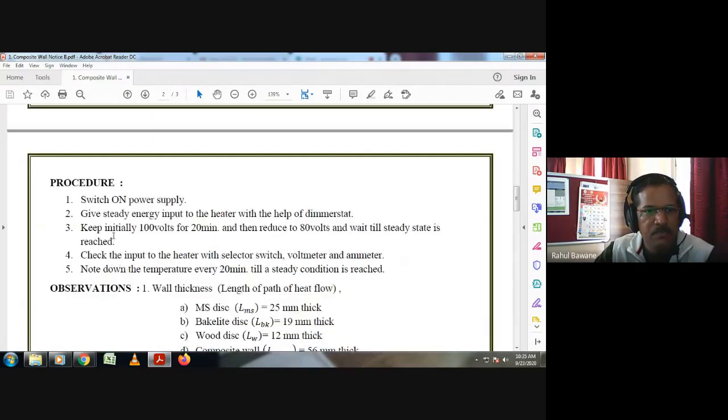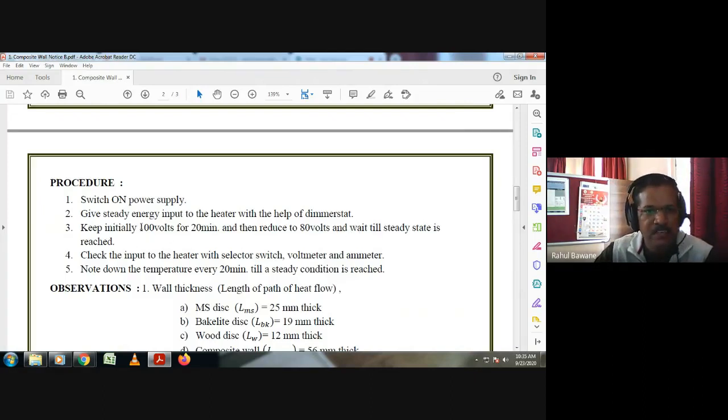In the procedure, we have to switch on the power supply and give a steady energy input to the heater with the help of the dimmer stat. Keep initially 100 volts for 20 minutes and then reduce to 80 volts and wait till steady state is reached.